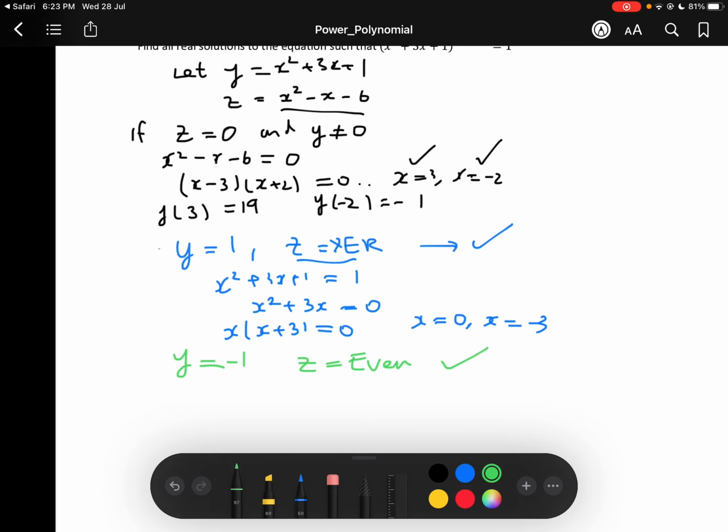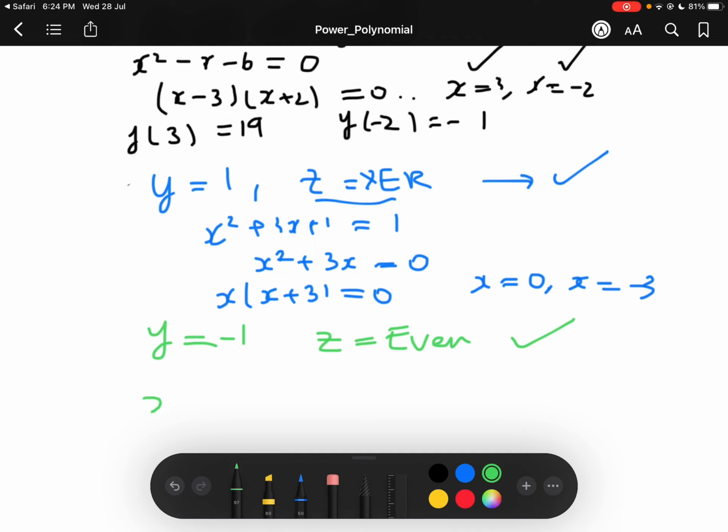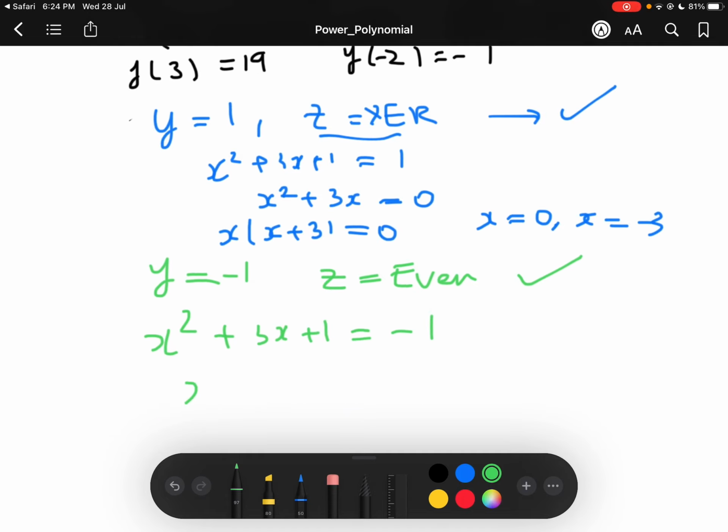So if we're going to solve for y equals −1, we can say that x² + 3x + 1 = −1. Therefore, x² + 3x + 2 = 0.